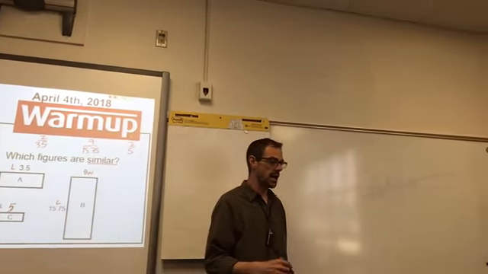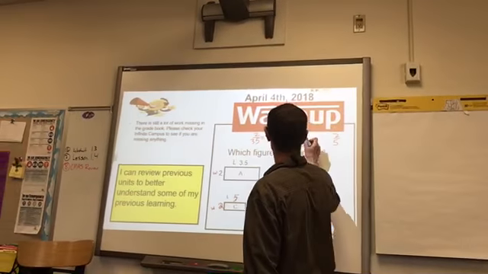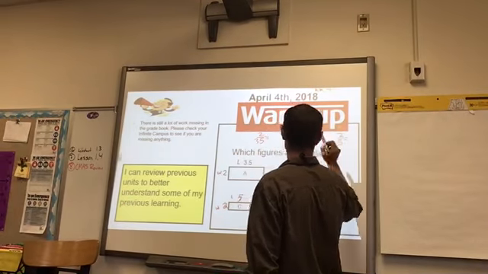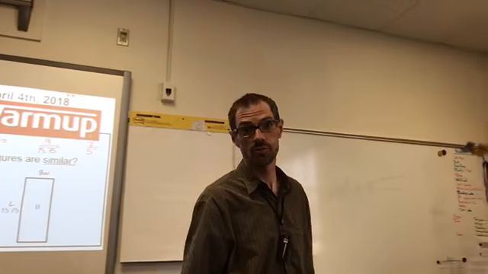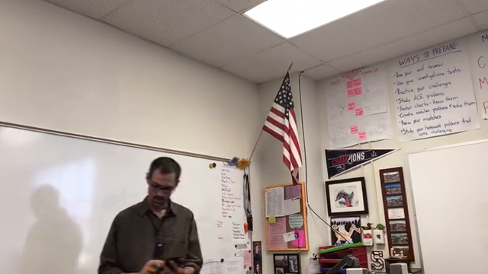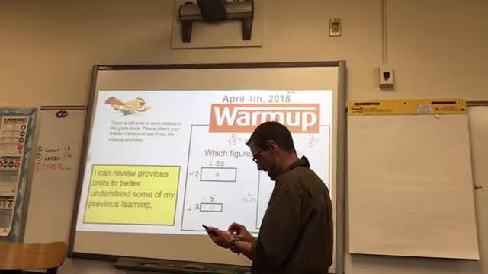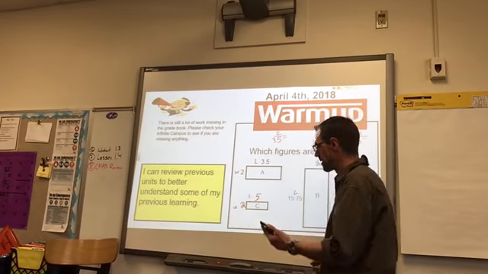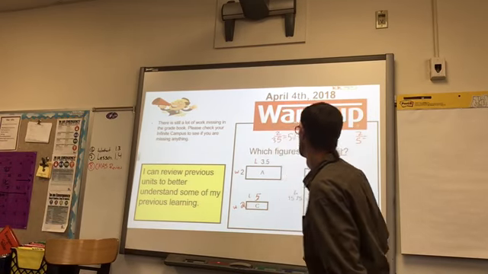To find out what that ratio equals, I just do the division. So what's 2 divided by 3.5? It's point something. So I go 2 divided by 3.5. It's 0.57.